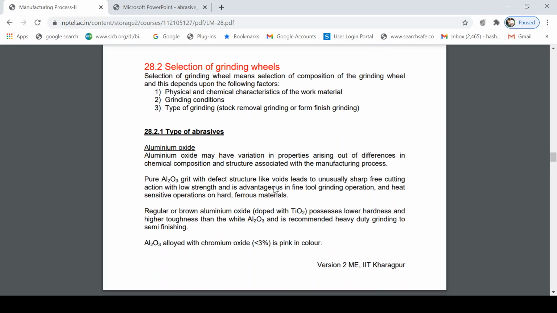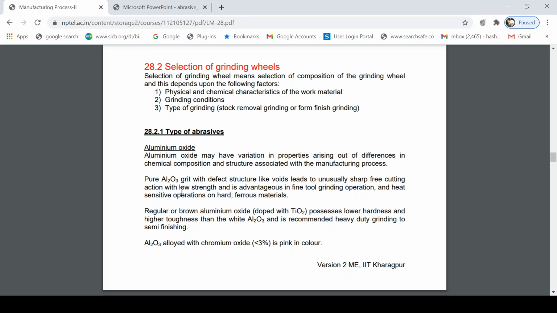The selection means we have to see which should be the abrasive material of the grinding wheel, based on the type of material. For example, aluminum oxide has varying properties. It is normally used for low strength, and is advantageous in fine tool grinding operations and heat sensitive operations on hard and ferrous materials.